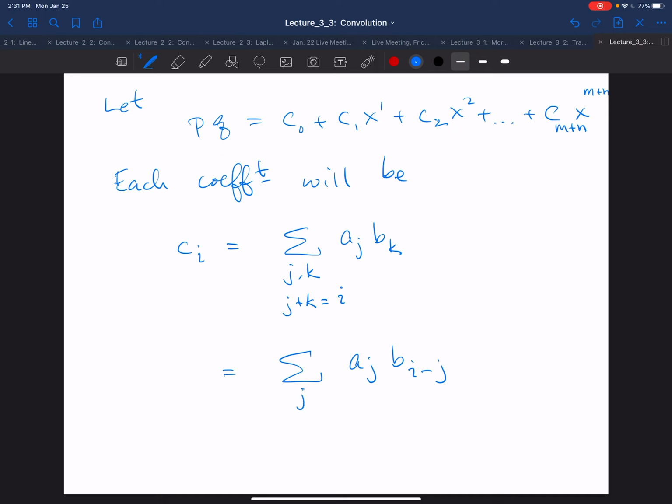I won't worry about writing down limits of summation and so on. It's precisely sums of this form that are called discrete convolutions, where you're adding up all possible products, essentially, such that these indices add up to the index I. So this is an example of a discrete convolution.